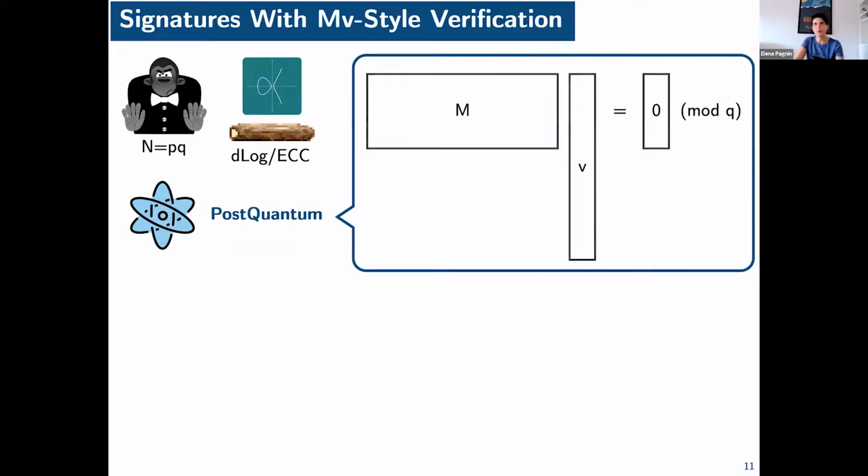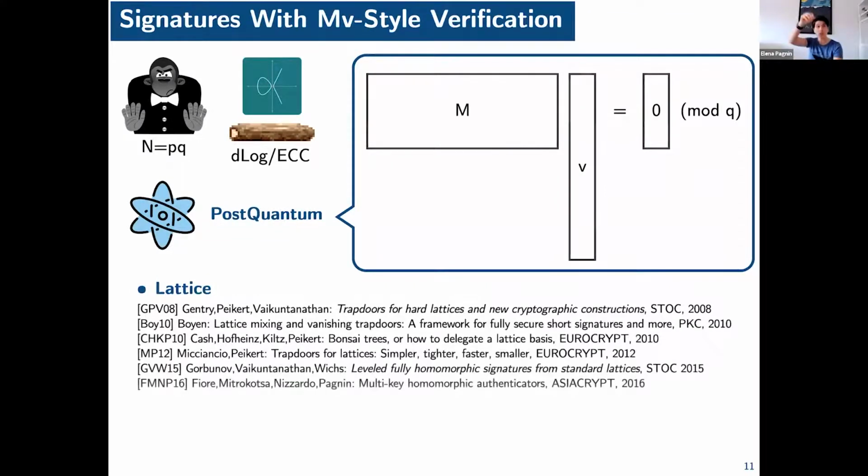So this seems maybe very simplistic, but we actually have a number of lattice-based digital signatures that have exactly this structure or can be turned into this structure for the verification. For instance, Gentry, Peikert, and Vaikuntanathan of 2008, and also more modern ones like the multi-key homomorphic authenticator in 2016, and so on.